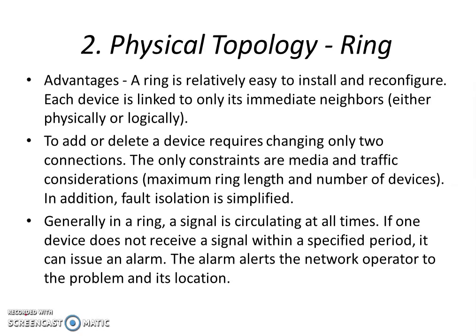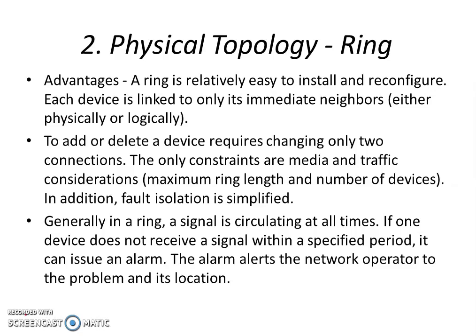But adding and removing is very easy, and in addition fault isolation is also simplified. If any one of the devices is not working, we can check only the link between those devices. Generally in a ring, a signal is circulating at all times. It can be named a signal or a token.